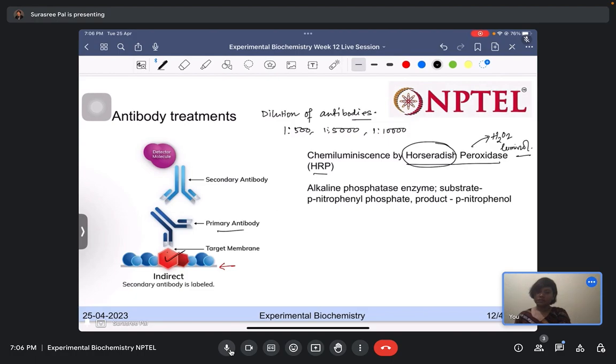This peroxidase enzyme can oxidize H2O2, and that will emit a chemiluminescent signal from the luminol substrate. So that is how we can detect. When we treat the membrane after these antibody treatments are done, we again wash the membrane with this wash buffer, right?